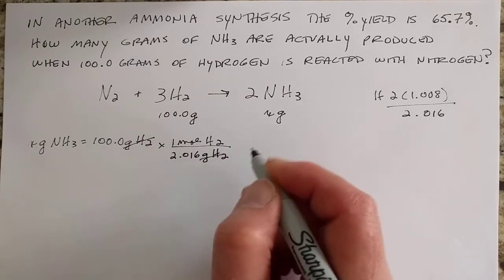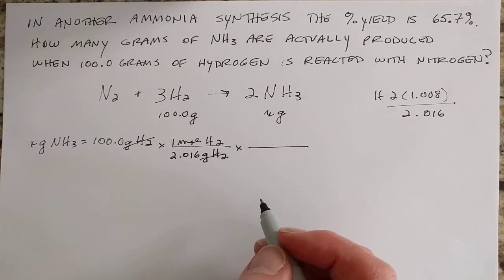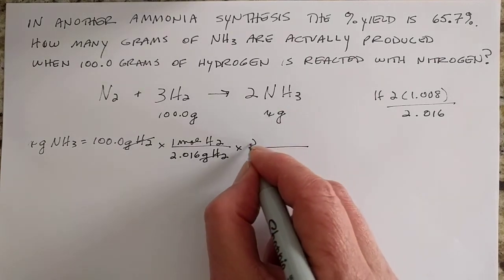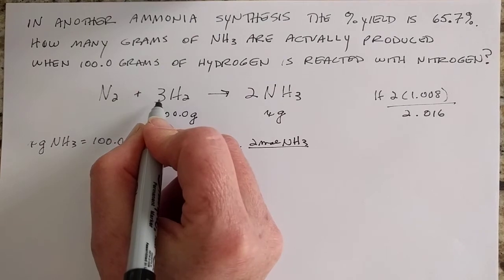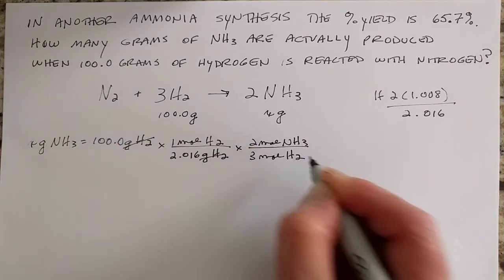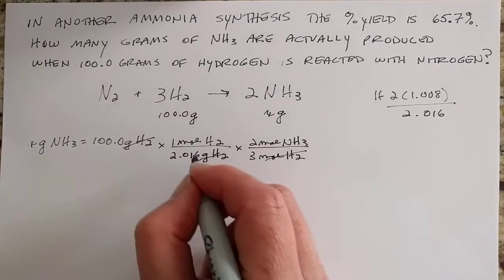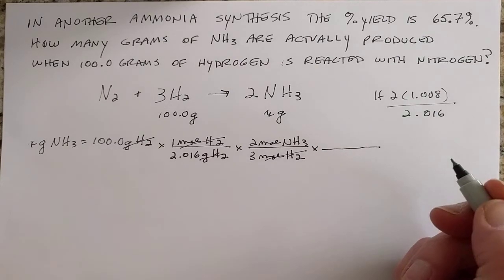Grams of H2 cancel. Now we do the mole ratio from the coefficients. 2 moles of NH3 for every 3 moles of H2. Moles of H2 cancel. We need one more multiplication and crossbar.